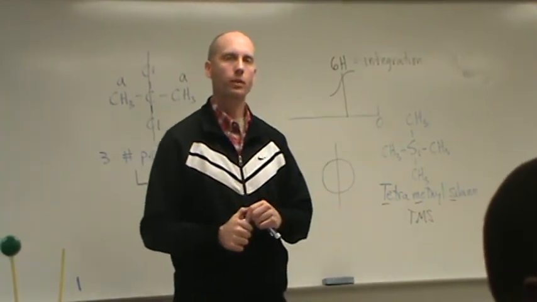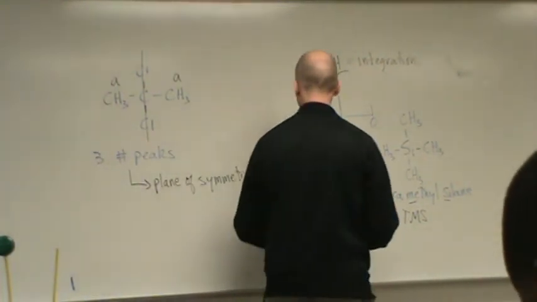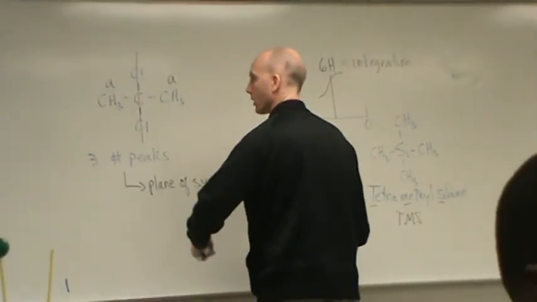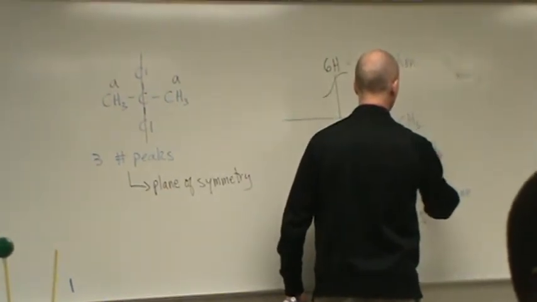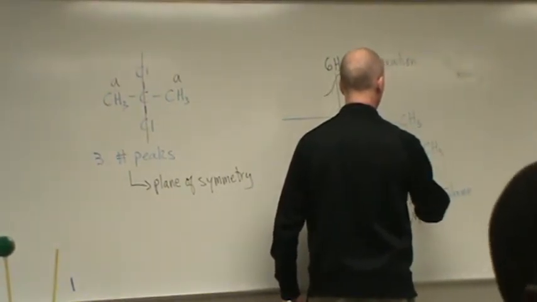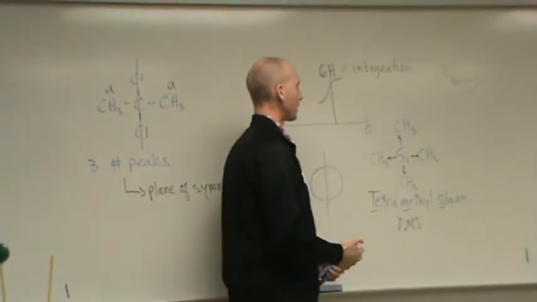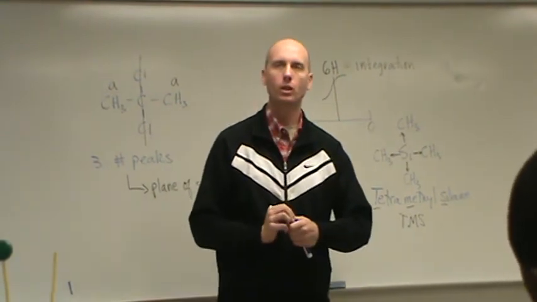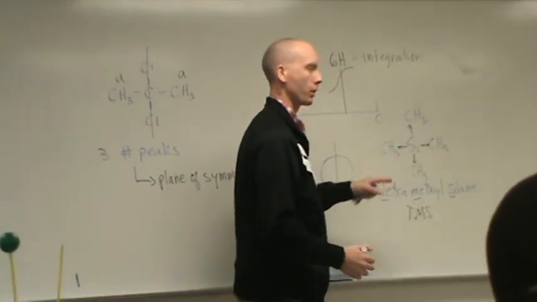And what we do with TMS is, if you look on the periodic table, carbon is a little more electronegative than the silicon. So the silicon donates electrons to shield those hydrogens. So these hydrogens are very, very shielded.